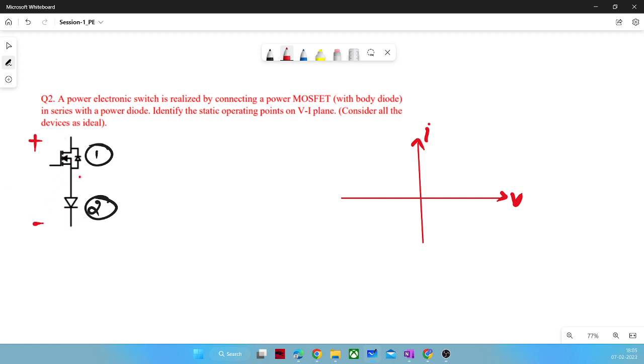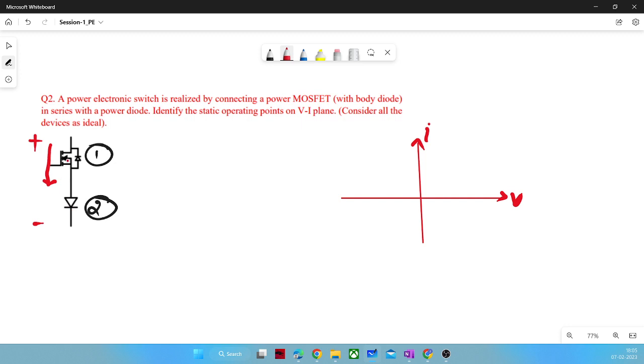The general characteristic of a MOSFET is that it generally blocks the negative voltage, and the MOSFET, without the body diode, will conduct from 1 to 2, from drain to source, as discussed in the lecture.